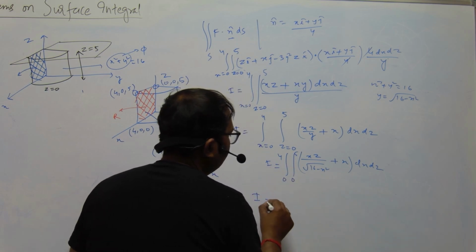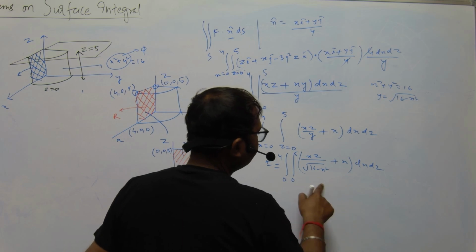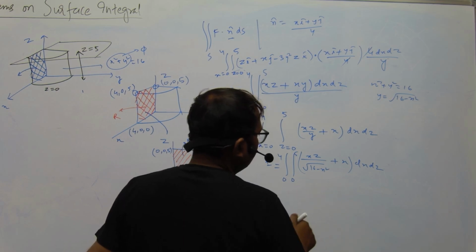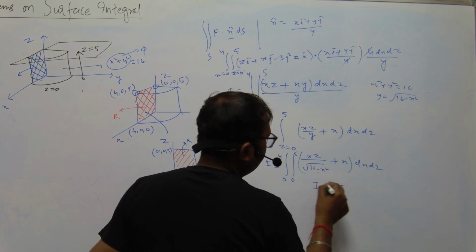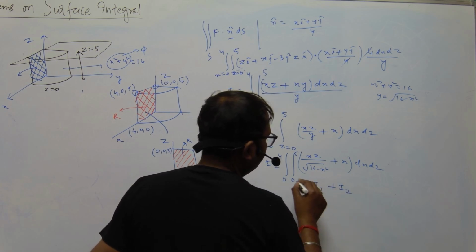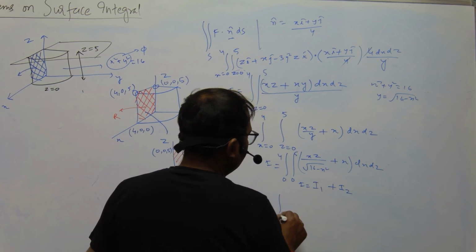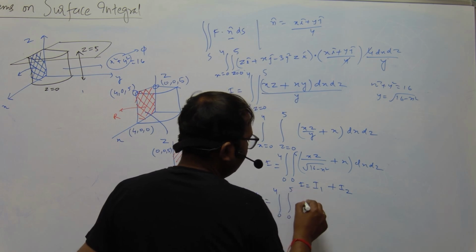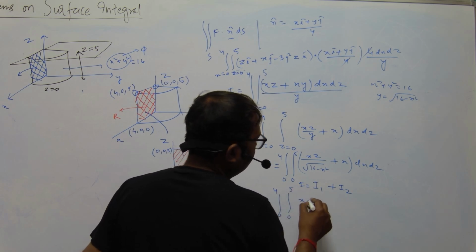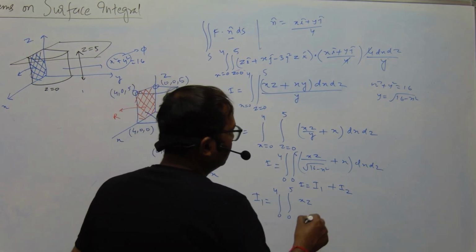Let us take this integral as I1 plus I2. So I is equal to I1 plus I2. The value of I1 is the double integral, x equal to 0 to 4 and z equal to 0 to 5, of xz upon root of 16 minus x square dx dz, and I2 is the double integral of z dx dz.